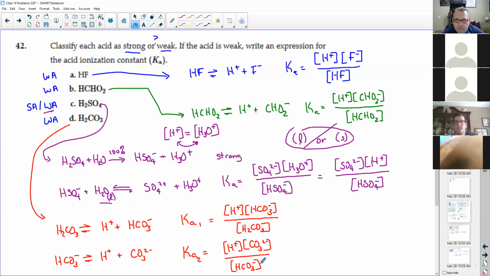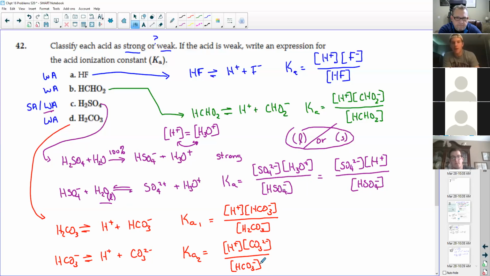All right, so question on that. For those Ka expressions, would you like us to put each step or just the final one? If it asks for the Ka expression, so let me go to my highlighter here, if it asks for the expression, it is this thing.